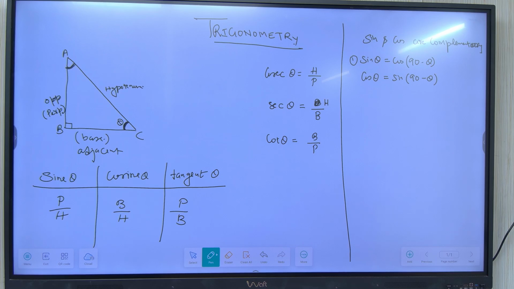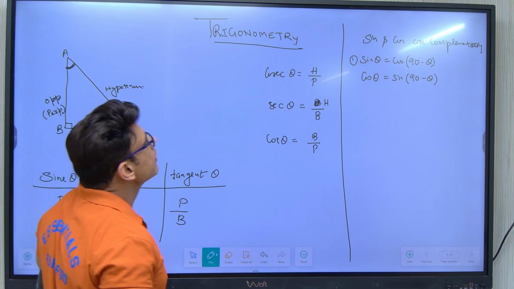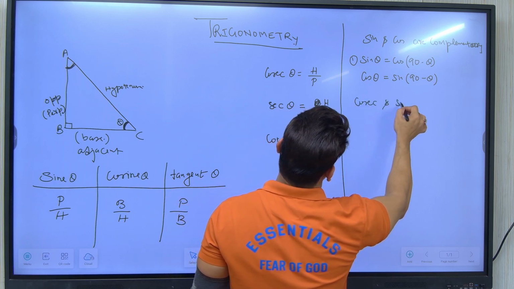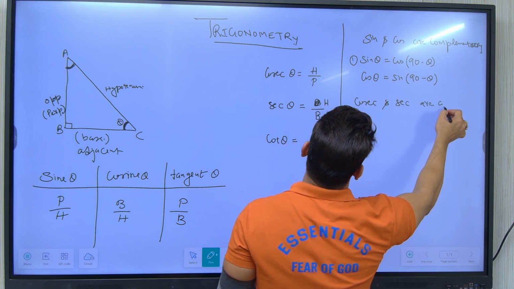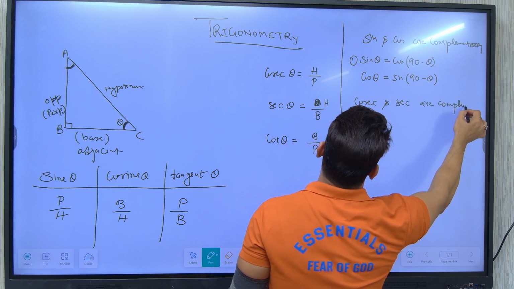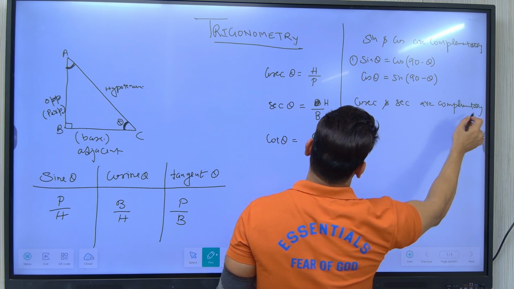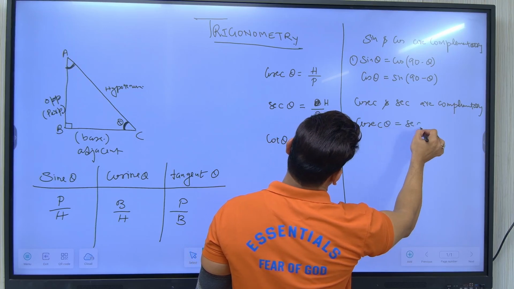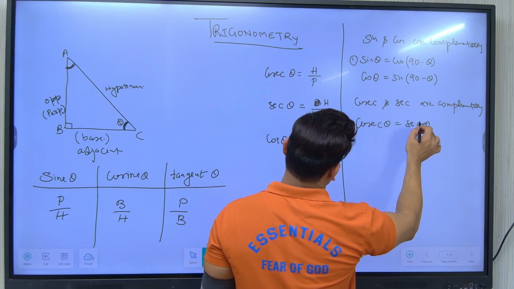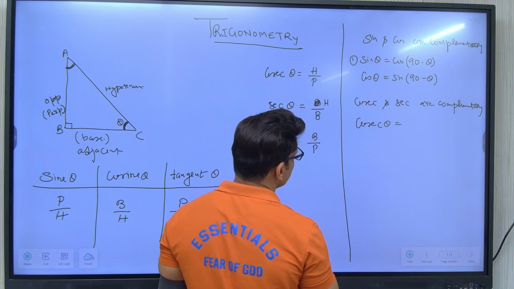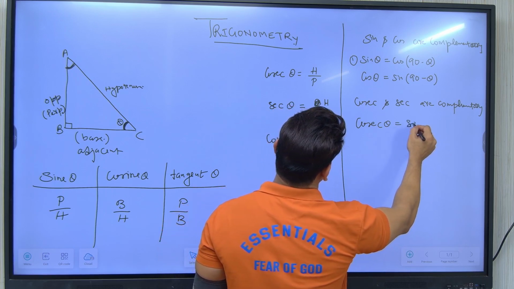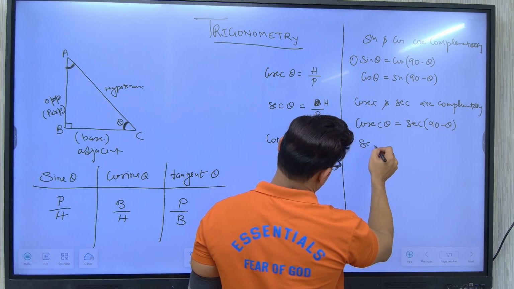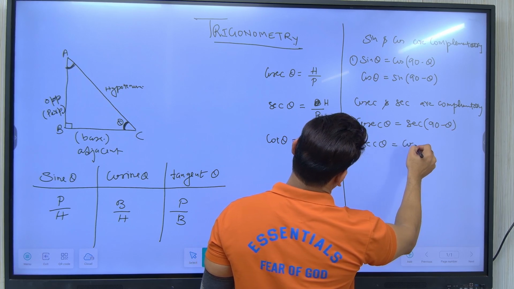Similarly, cosec and sec are complementary. Means cosec theta is equal to secant 90 minus theta, and secant theta is equal to cosec 90 minus theta.